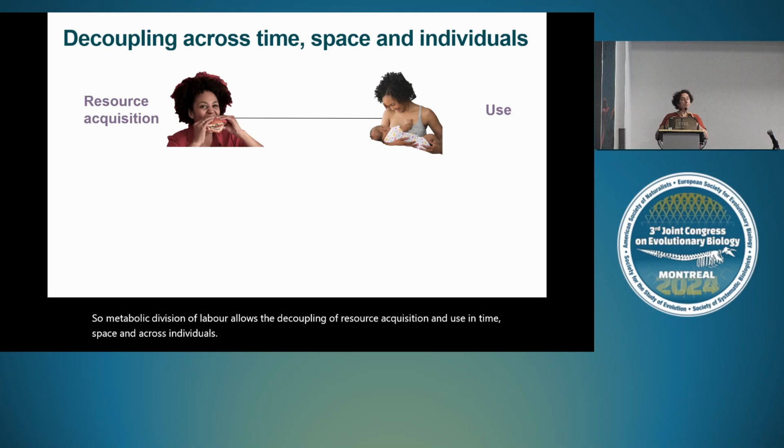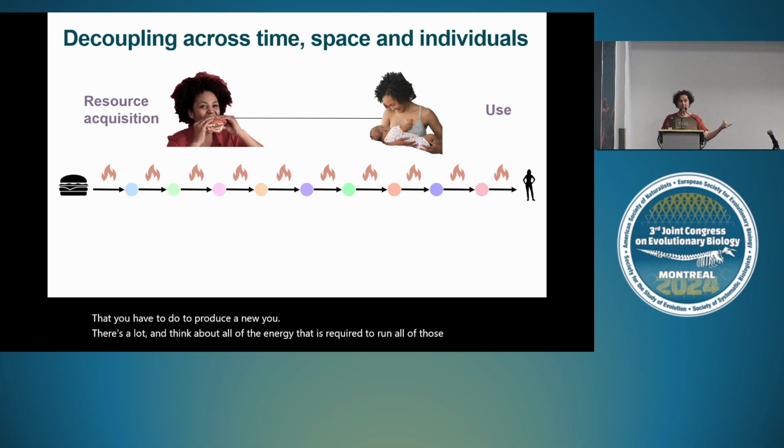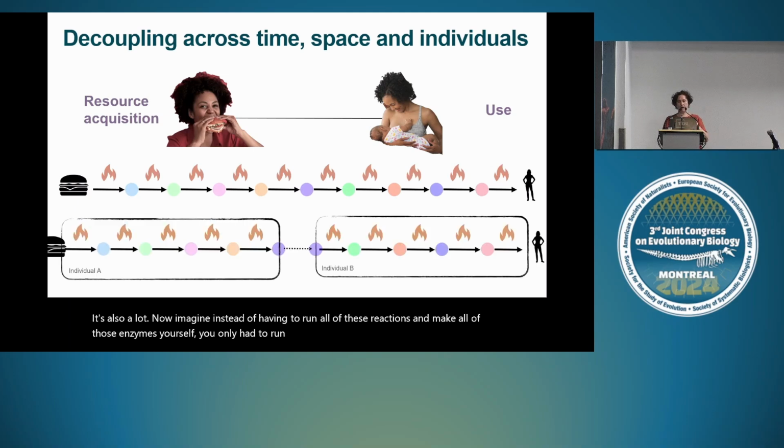Think about the mass of biological reactions that you have to do to produce a new you. There's a lot. And think about all of the energy that is required to run all of those reactions. It's also a lot. Now imagine instead of having to run all of these reactions and make all of those enzymes yourself, you only had to run some because someone else was providing you with an intermediate.